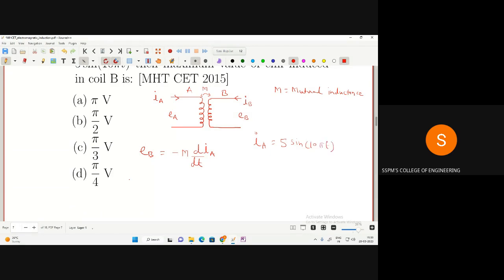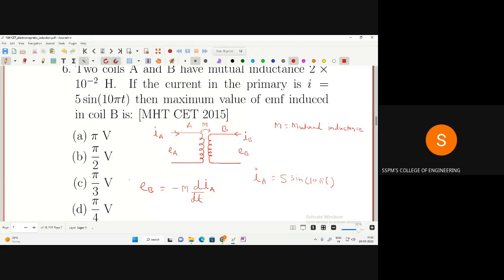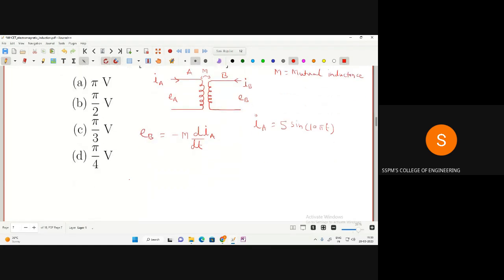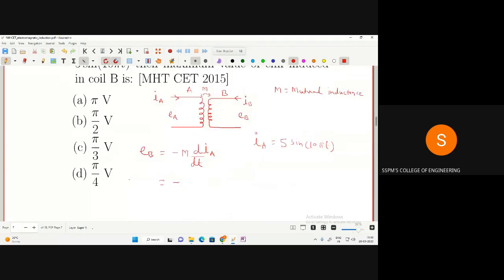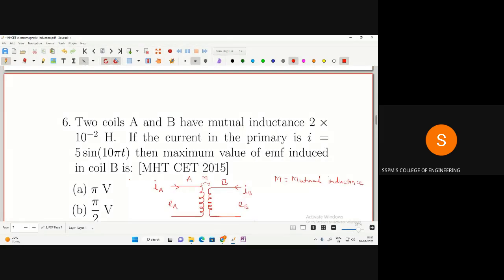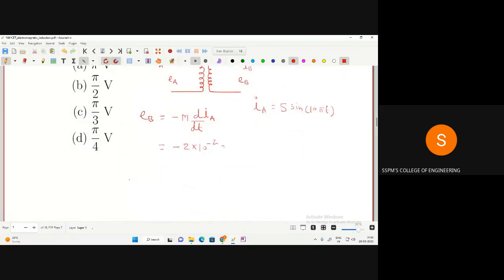Now we have to find the EMF induced in the secondary coil. Minus M, the mutual inductance, is given as 2 into 10 to the power minus 2, into the derivative of 5 sin 10 pi t, where 5 is a constant.